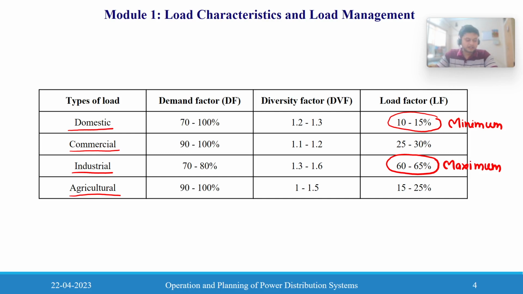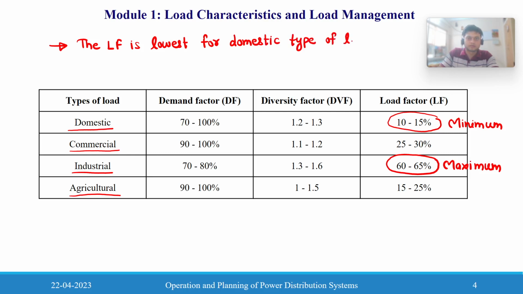Okay, all right. So we can write here: the load factor is lowest for domestic type of load, while load factor is highest for industrial type of load.